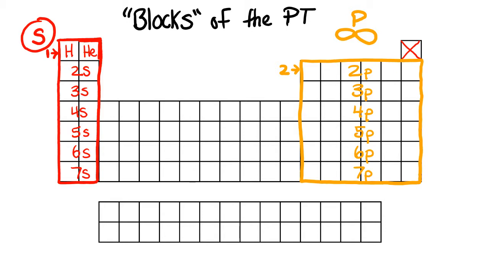There's another block called the D block, which is outlined here. Interestingly, the D block begins with a 3, but it is not on the third period of the periodic table.